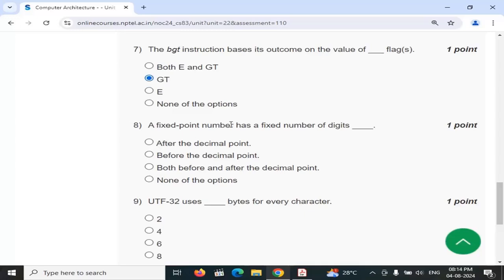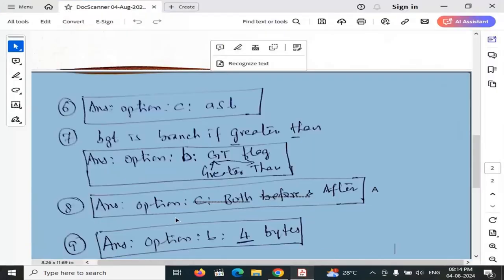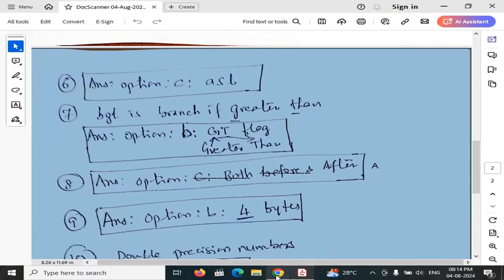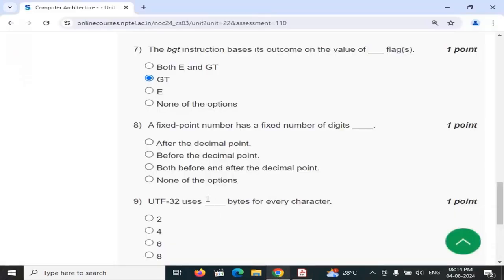Next one: a fixed point number has a fixed number of digits. Our suggestion is option A: it has a fixed number of digits after the decimal point.